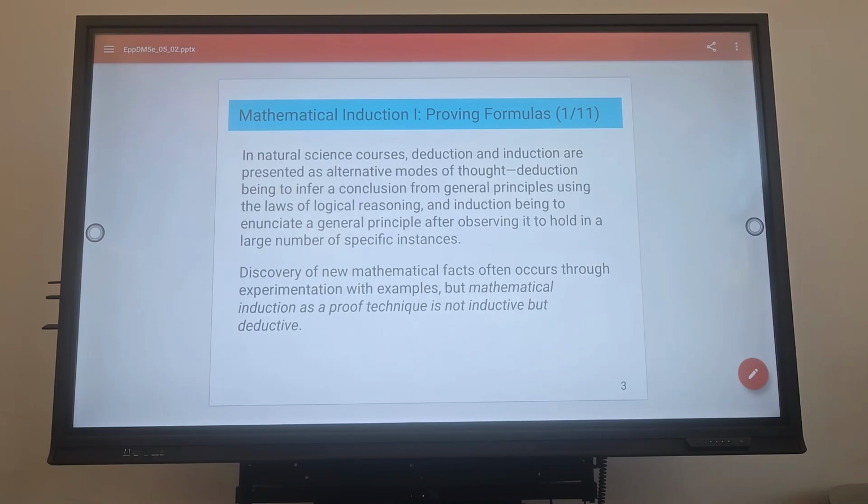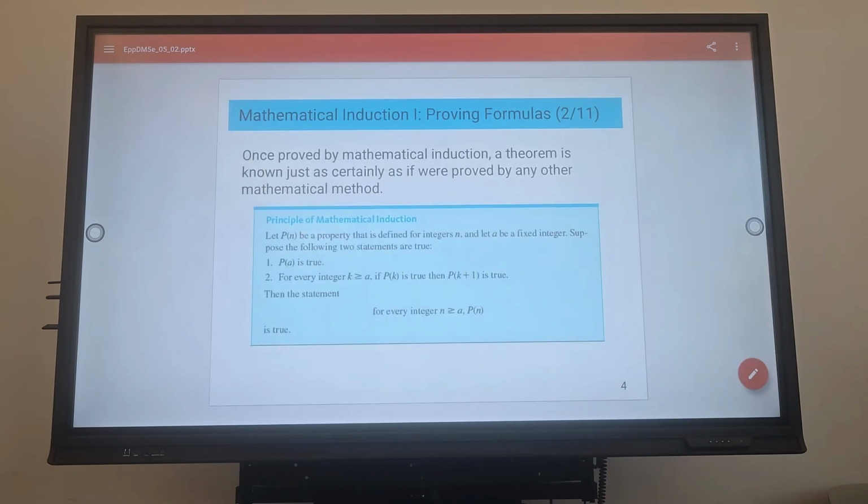Discovery of new mathematical facts often occurs through experimentation with examples, but mathematical induction as a proof is not inductive, but deductive. Once proved by mathematical induction, a theorem is known just as certainly as if it were proved by any other mathematical method.